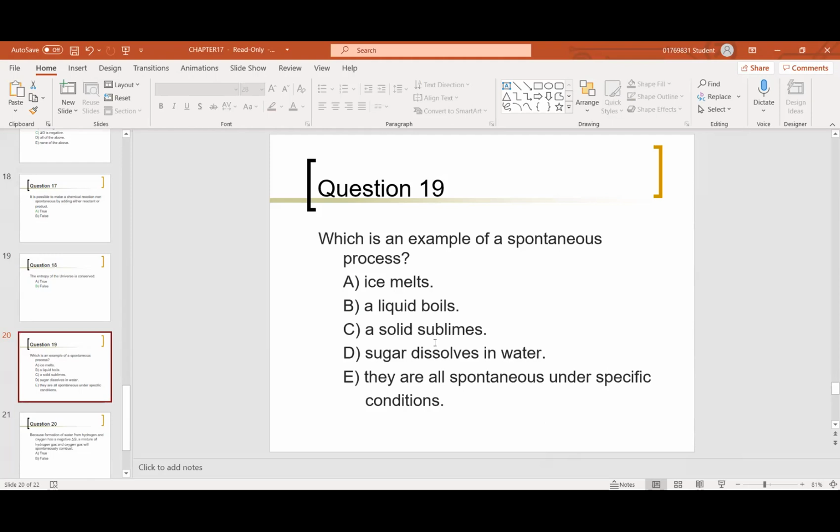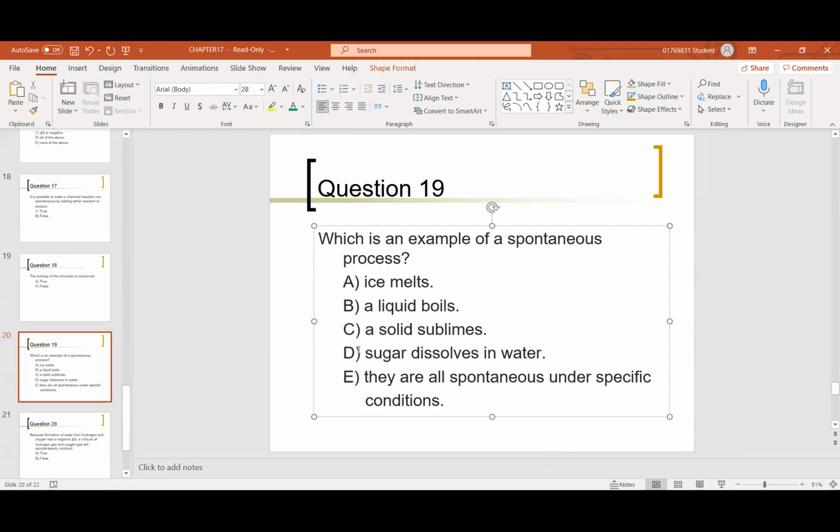Sugar dissolves in water. I mean, that does happen on its own. So they are all spontaneous under specific conditions. No, I don't think they are. Or are they? Okay, ice melts.